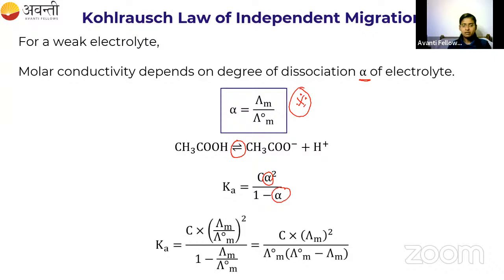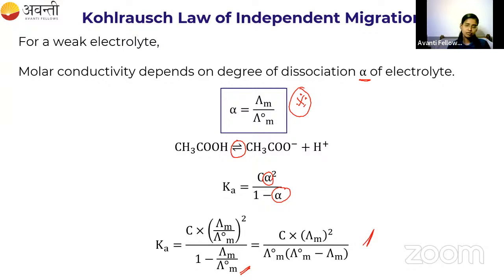So you will arrive at this particular formula, and after cancelling out the lambda m naught term, we have C into lambda m squared divided by lambda m naught into (lambda m naught minus lambda m). So we are getting this last relation by substituting the value of alpha here.